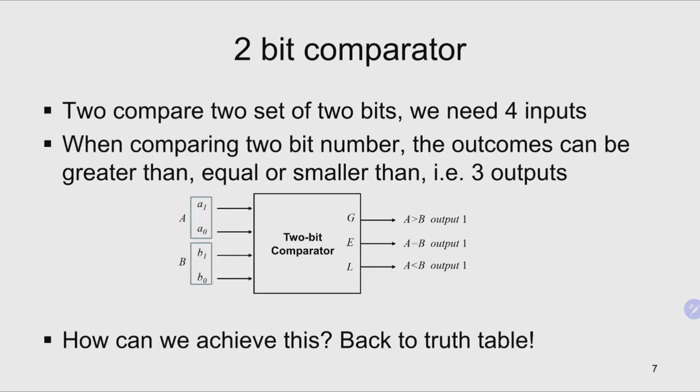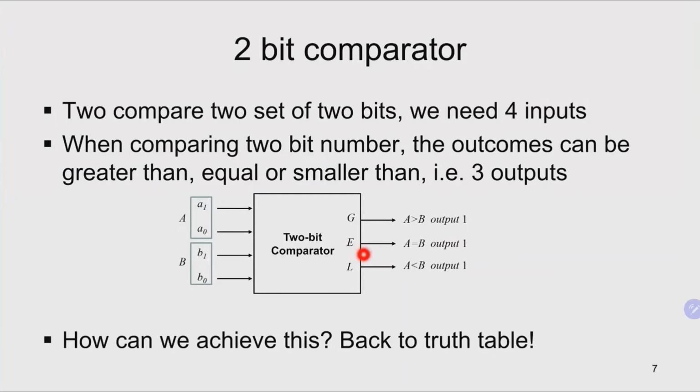we have three outcomes from these comparisons. So they can either be greater than, equal to each other, or smaller than. So we have our 3 outputs here. For greater than, we use G, and then for equal to, we use an output E, and then for smaller than, we use the output L. So G tells us that A is greater than B, then this output will go high.